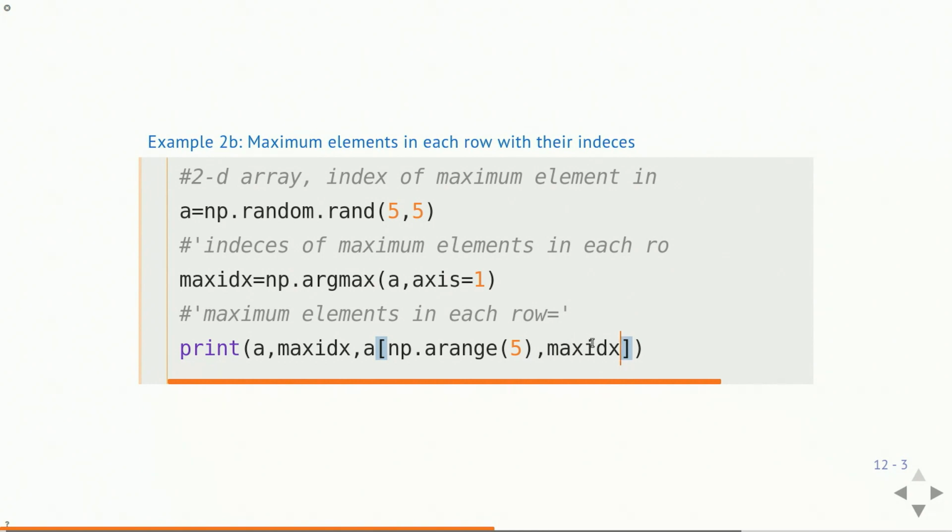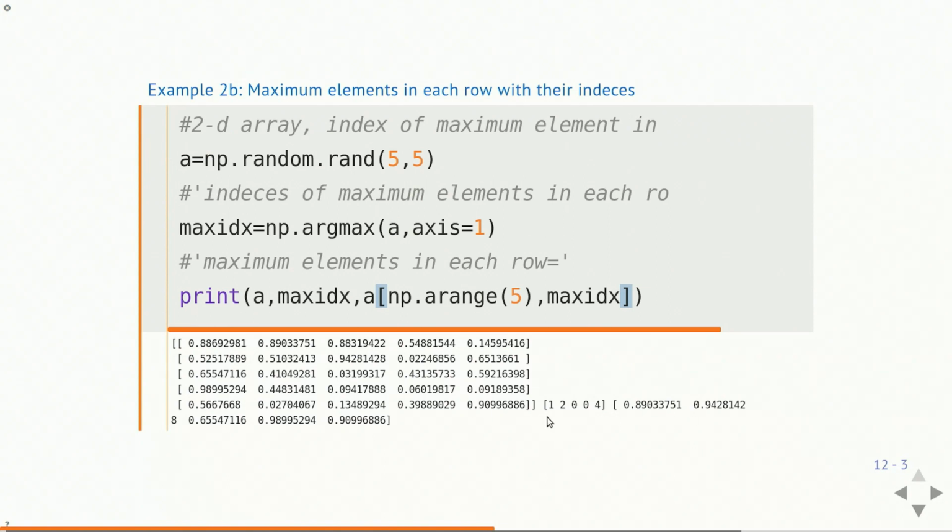So here it is. As you can see, the maximum element index in the first row is 1, basically this is 0.89000375. In the second row it's 2, which is 0.94. In the third and fourth rows they are the 0th element, and in the last row it's the last element, which is 0.90.